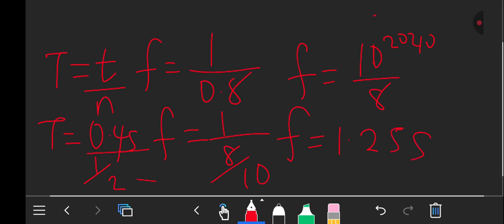So the answer is 1.25 per second, which we can say 1.25 hertz. So that is how we can determine the frequency.